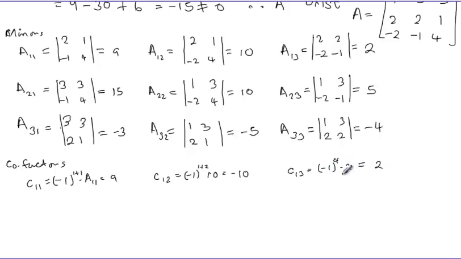Once we have done one row like that, it becomes very, very fast. We know that if we've got an odd number of negative signs, we get negative. Even number of negative signs, we get positive. So when we come here now to C21, this is 3, which means we have a negative sign coming up here, isn't it? Then we multiply with that, we get negative 15.